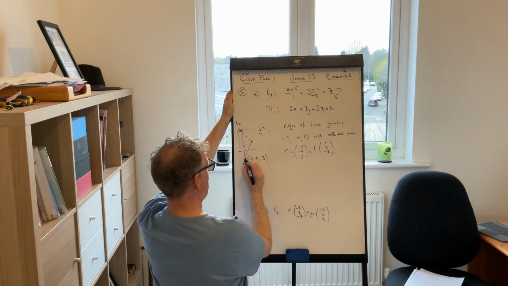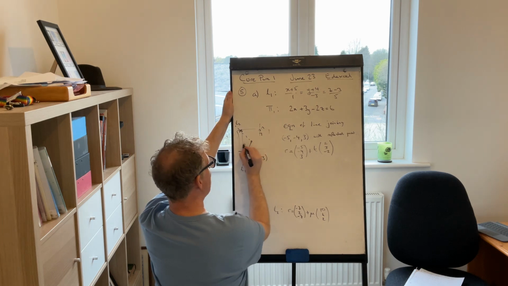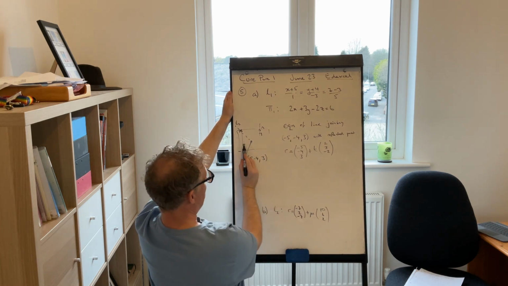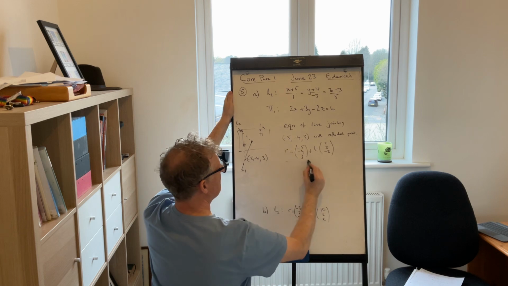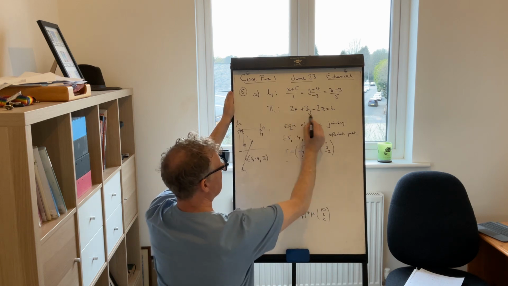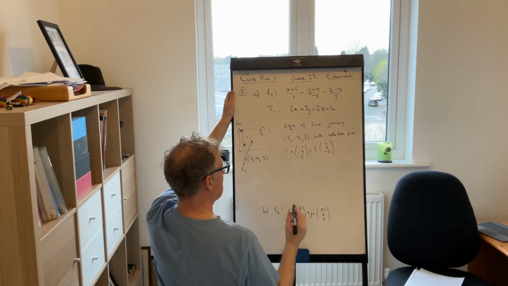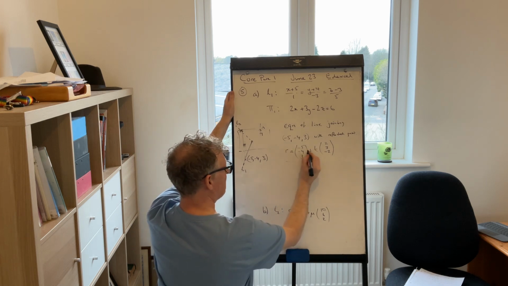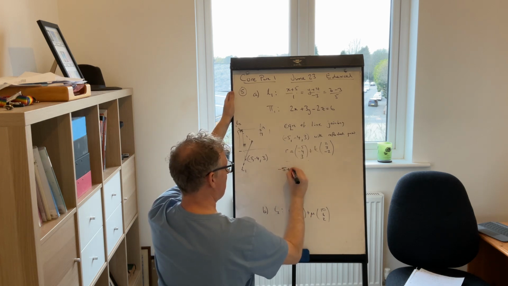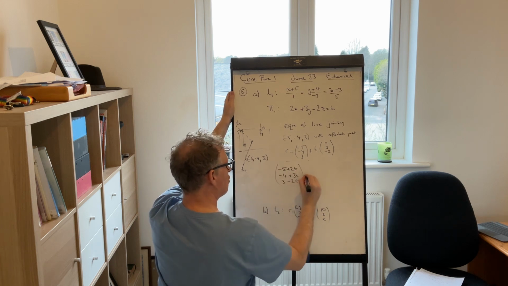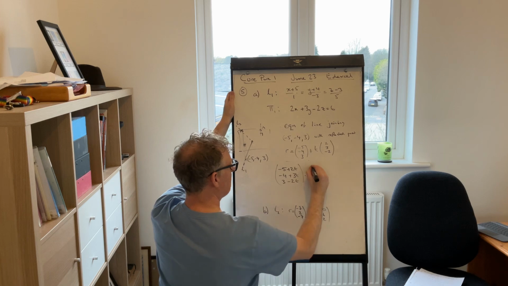And now that I've got that equation outlined, I'm going to see where it hits the plane. So I'm going to put that into the equation of the plane, but in its r dot form. So this is (-5 + 2t, -4 + 3t, 3 - 2t) dotted with (2, 3, -2) equals 6.